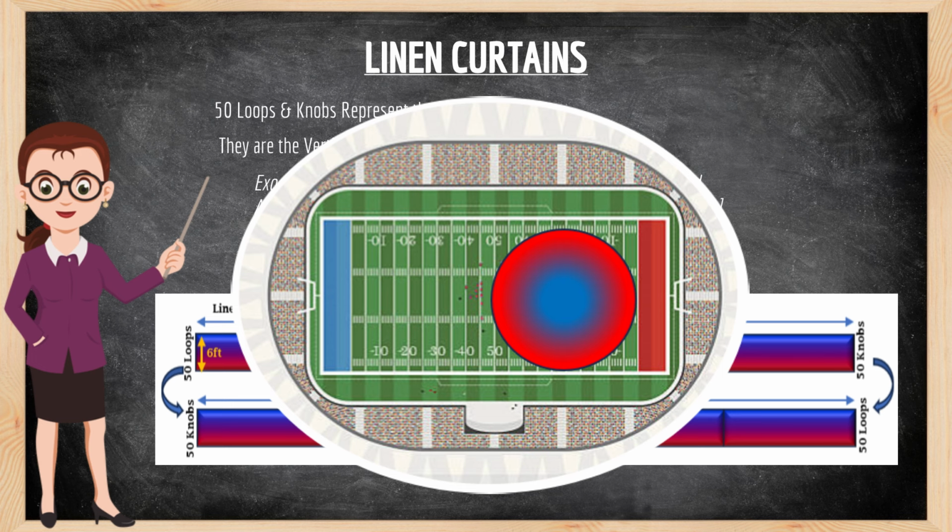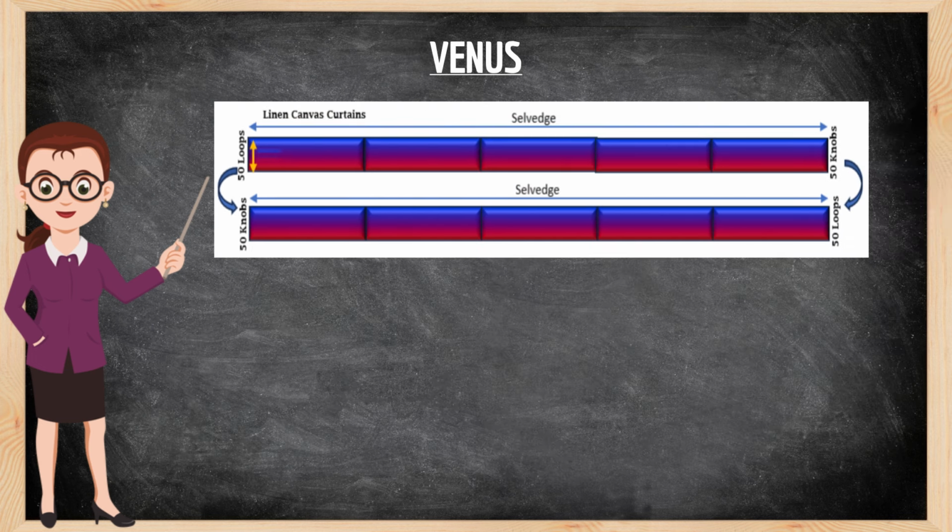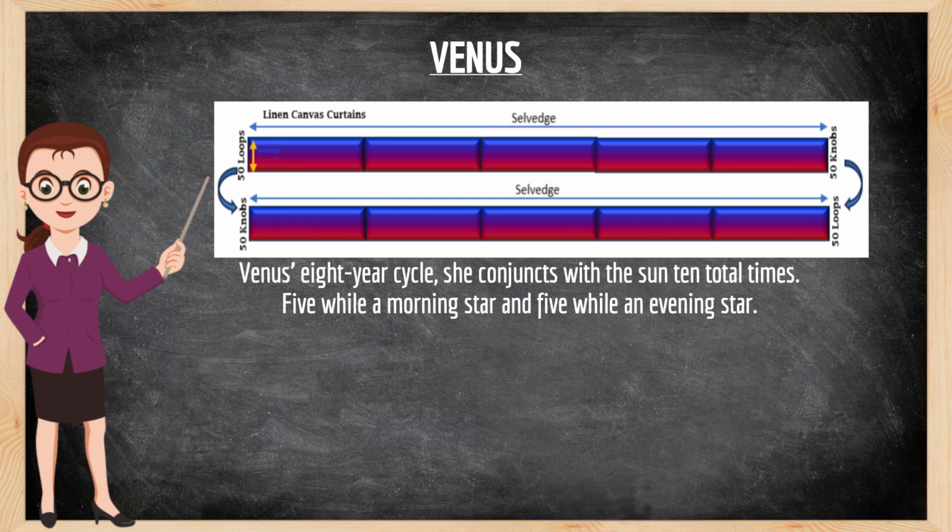I mean, that's huge. They also are mirrored in the movements of the planet Venus, which happens to be the only planet thought of in the feminine. During Venus's 8-year cycle, she conjuncts with the sun 10 total times, 5 while a morning star and 5 while an evening star.